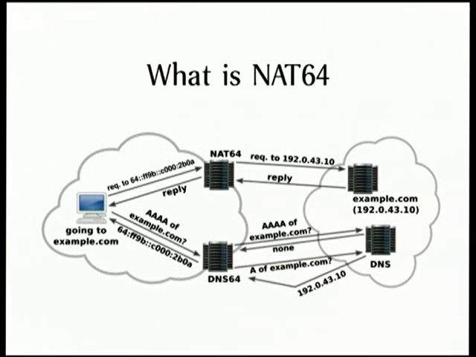If we have a computer which doesn't have IPv4 connectivity and it wants to access example.com, it asks a DNS64 server for a DNS record, and the DNS64 asks an ordinary DNS server, and if it says that such a record doesn't exist, then DNS64 asks for the ordinary A record, which is the one with the IPv4 address.